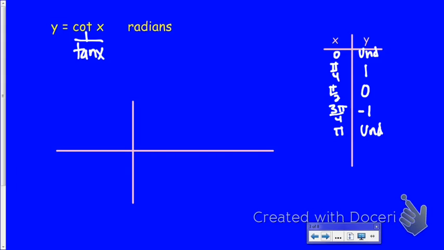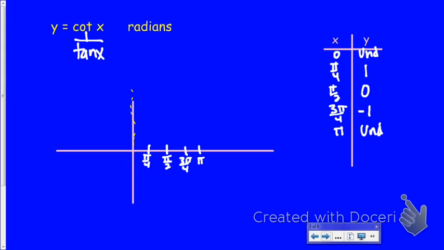So we're going to plot these points now on my graph. And if you look, there are going to be a few similarities and a few differences. First of all, we talked last time that when I have that undefined value, that's going to be an asymptote.